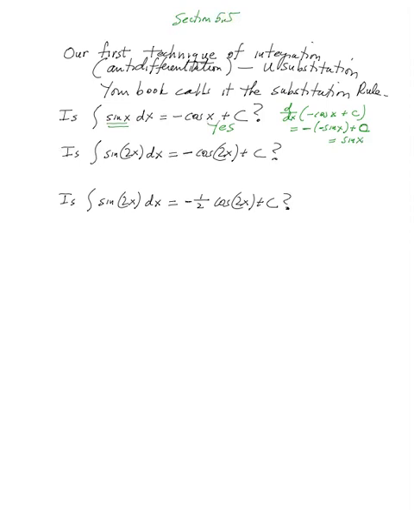So is the most general antiderivative of sine of 2x equal negative cosine 2x plus c? Check that one.